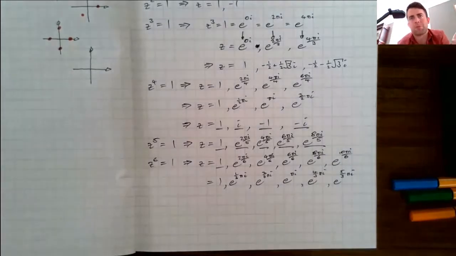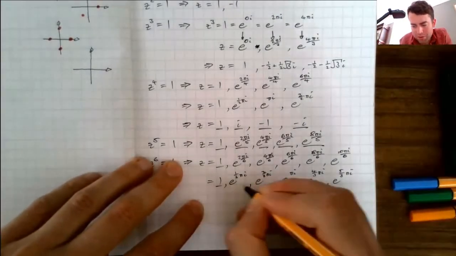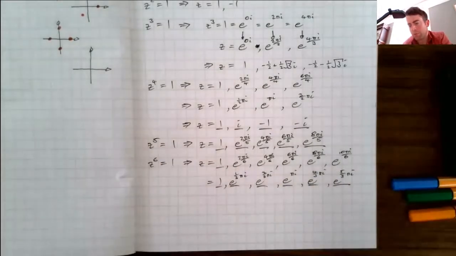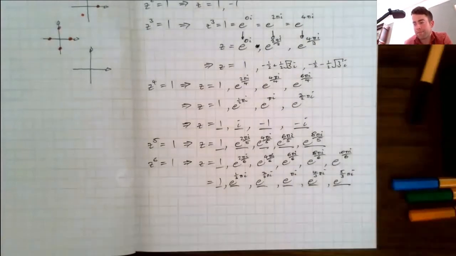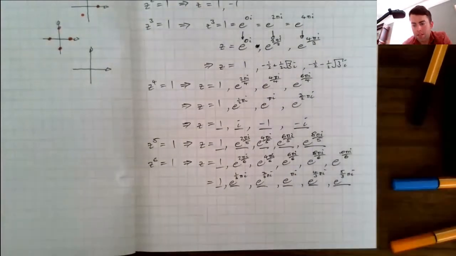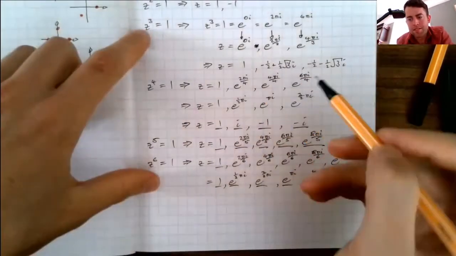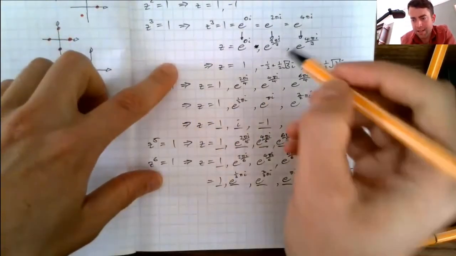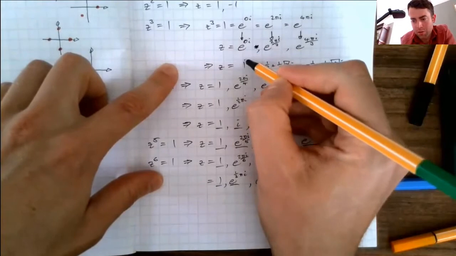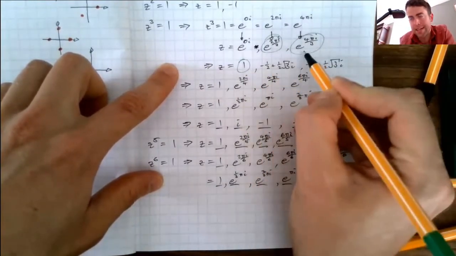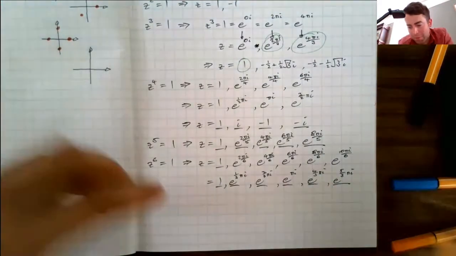You might already be noticing where these have cropped up before. All of these are the 6th roots of unity. What do we have within that? Well, a couple of these have cropped up before. The 3rd roots of unity were 1, e to the 2/3 pi i, e to the 4/3 pi i, and they're cropping up here.